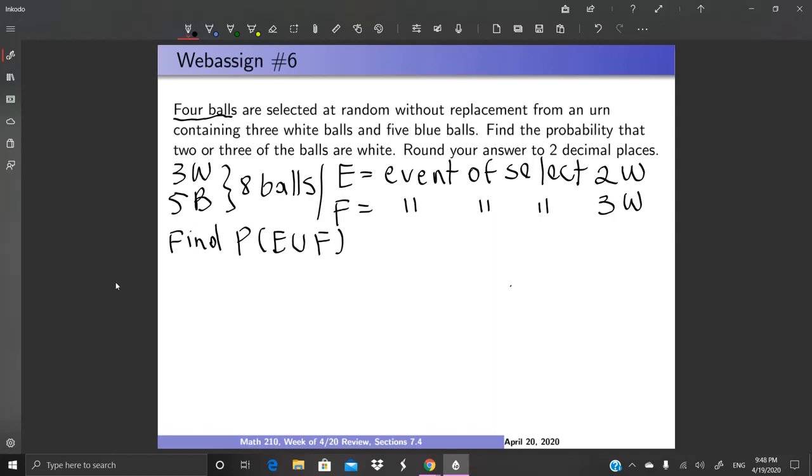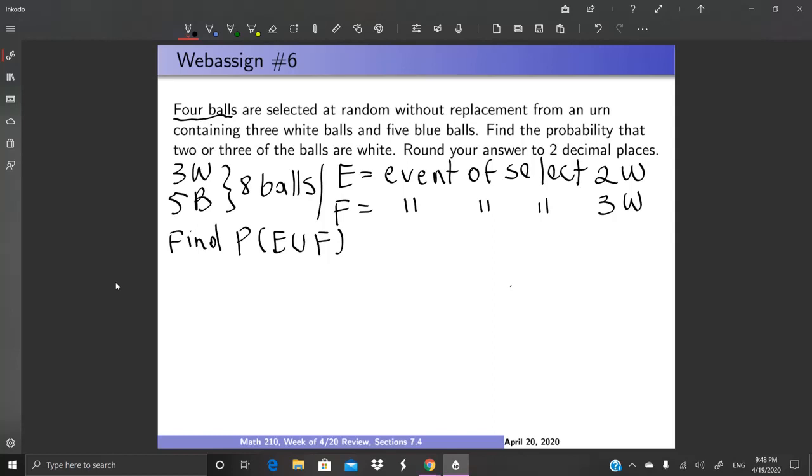Then you have to ask yourself, are the events E and F mutually exclusive, yes or no? Essentially, can they happen at the same time? The answer is no, they cannot happen at the same time, because you either choose 2 balls or you choose 3 balls. It's one or the other.